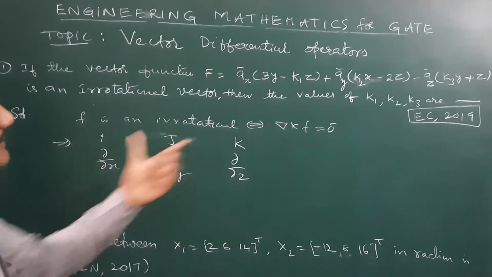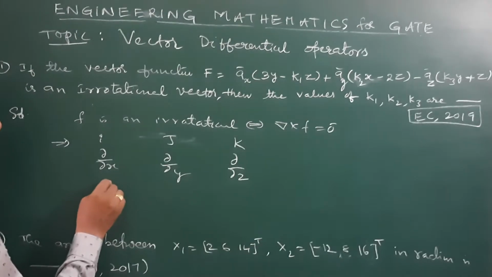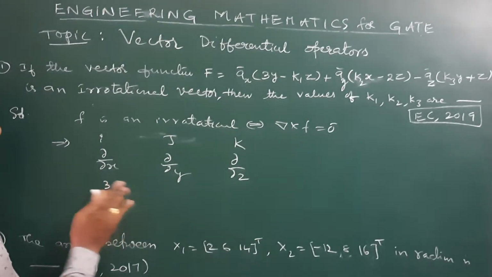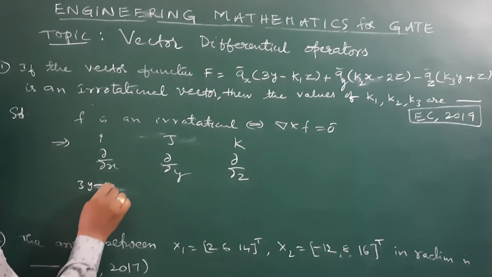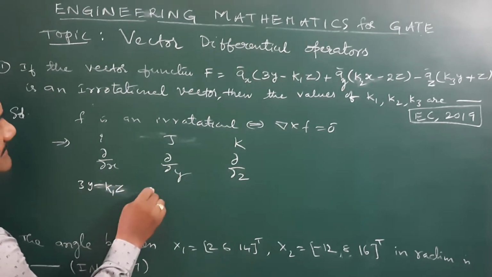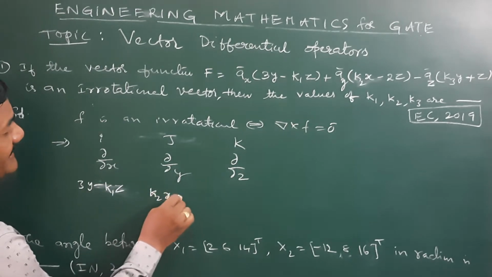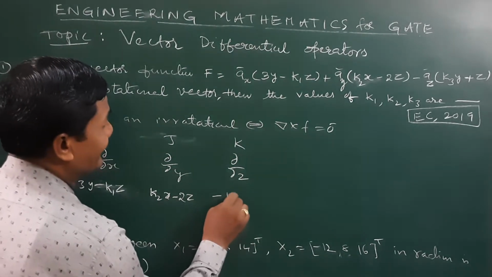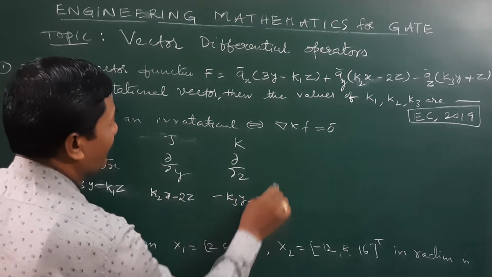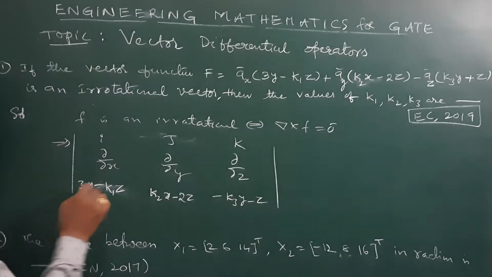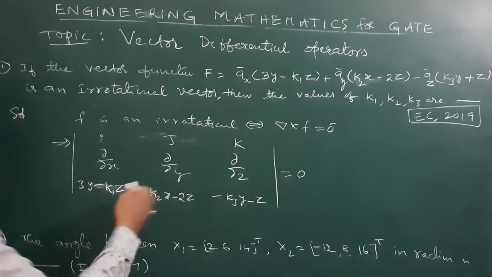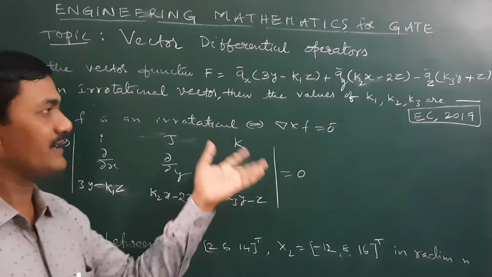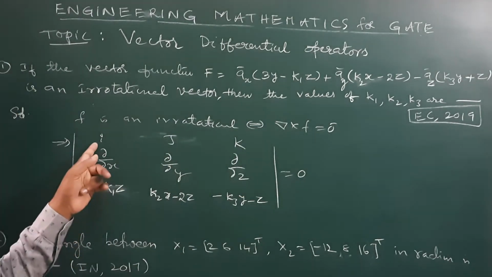What is F1? F1 means 3y minus k1 z. F2 means k2 x minus 2z. F3 means minus k3 y minus z. The value of this becomes 0. So we expand this to get the values of k1, k2, k3.